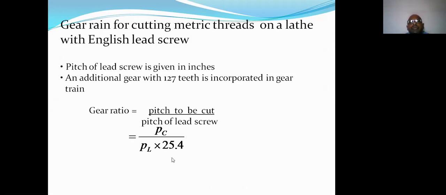This 25.4 is converted from inches to millimeters. 1 inch equals 25.4 millimeters. That is the reason for using the multiplication factor 25.4.